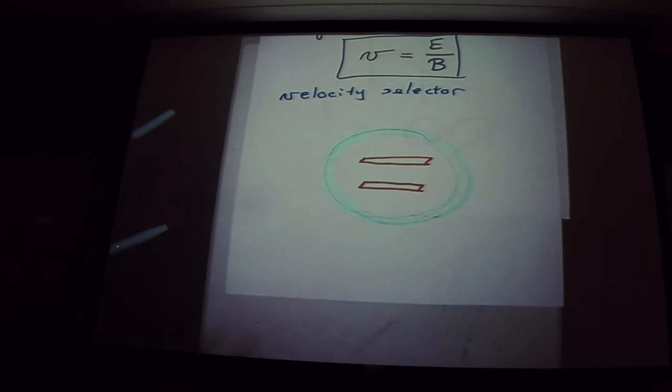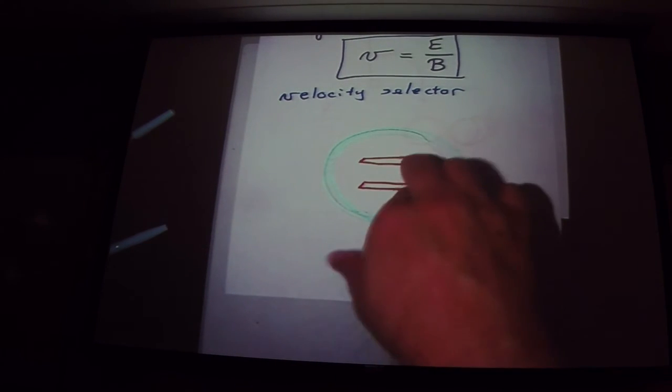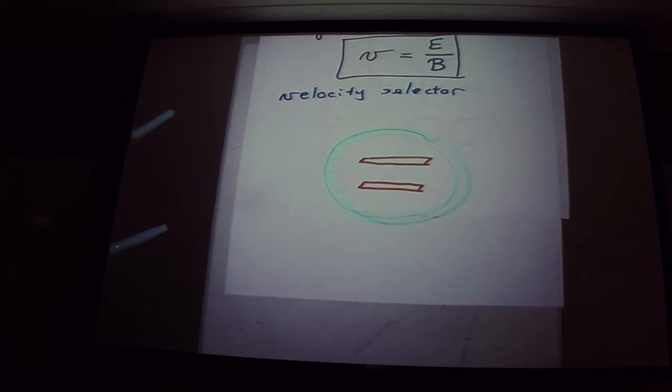Now, if the plates were what size would I be sure that the electric field is uniform? No, the electric field, I'm talking about the plates. How big does a plate have to be? Infinite. They have to be infinitely large plates. If these plates were infinitely large, I could be sure that it would be uniform across.